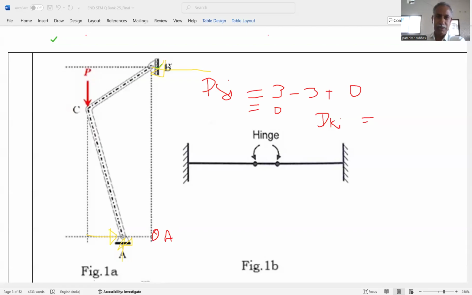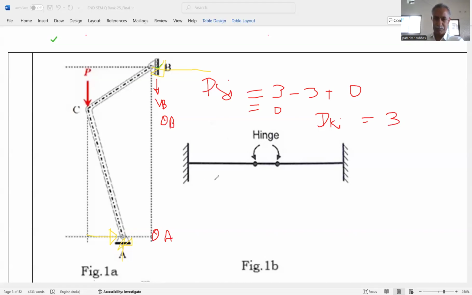At B, we can see that the roller support is there. That's why it can move easily in vertical direction. So VB is allowed and rotation is also allowed. That is the theta B. So this is the 1, 2 and 3. So DKi is equal to 3.